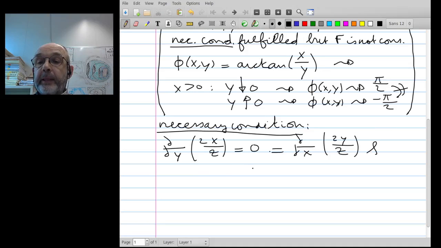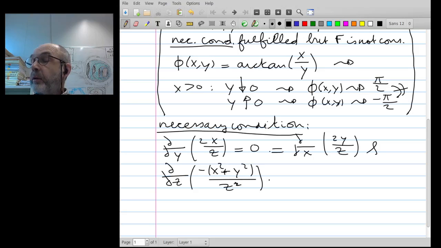So this is okay. Then we can do the second component, we can differentiate to the z variable. So this is the second component I say, and not the last component. So be careful. The second component, that is 2y divided by z.